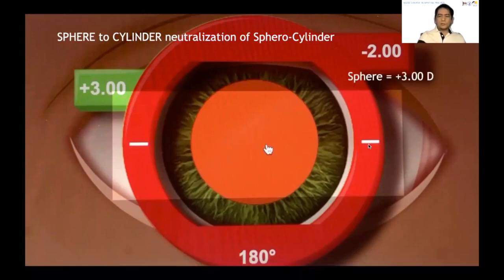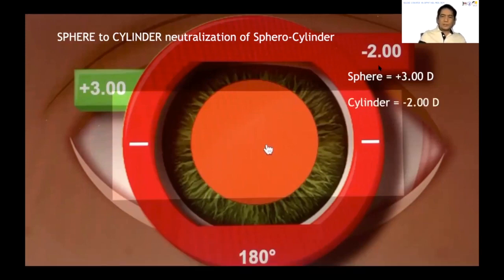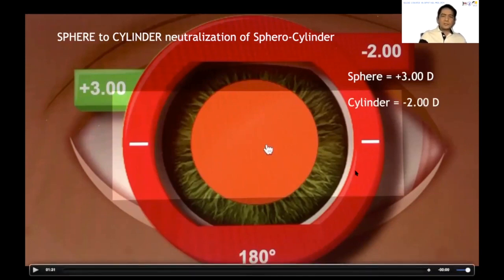Okay, so your spherical is plus 3 diopter sphere. And then here, you don't have to subtract because you already used a minus cylinder to neutralize the secondary meridian. So it's already a minus 2 diopter cylinder. And then axis, look at the position of your streak in your secondary meridian.